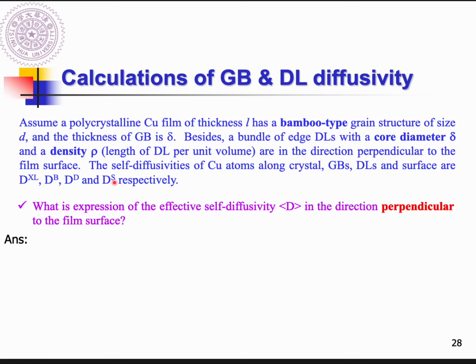Under this situation, we don't need to consider D_s, because the contribution from the free surface is parallel with the surface, nothing related to the perpendicular direction, so D_s has no contribution.